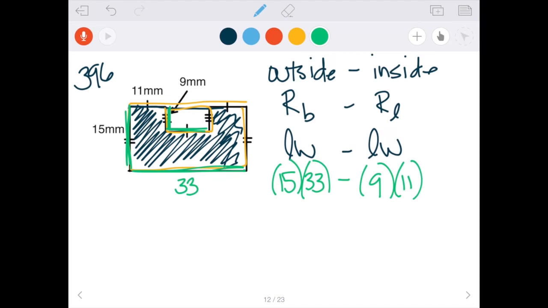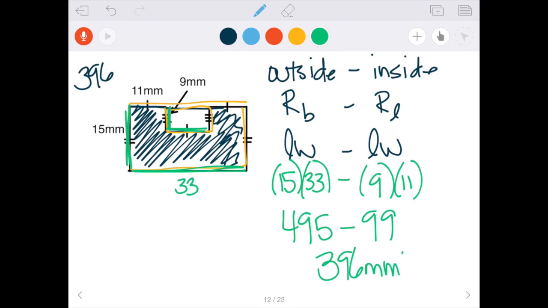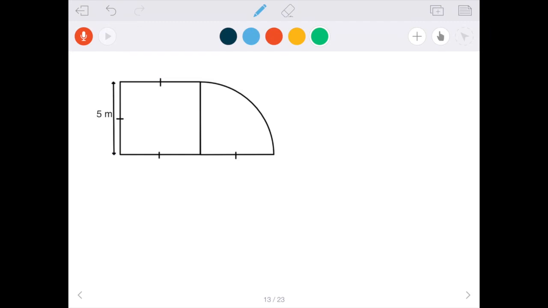So 15 times 33 is 495. 9 times 11 is 99. And 396 is your answer. All right, so there you go. Whew, that was a long problem because we did it 3 ways, but we got the same answer every time, which, phew, thank goodness. Let's move on to the next one.